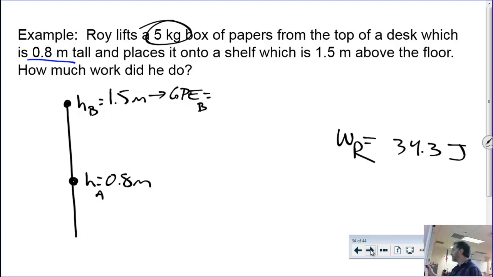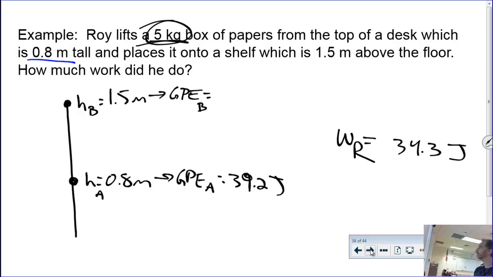So the gravitational potential energy at point A is going to be the mass, 0.5, times 9.8, times 0.8. So that's going to give us 39.2 joules. Okay? And so that was just mgh is all I did there.